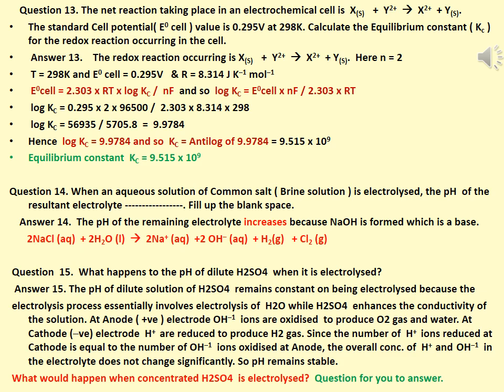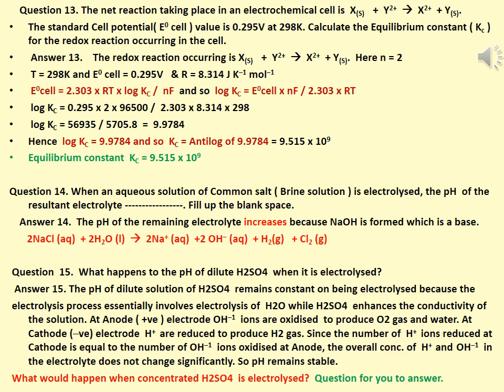Therefore, Kc is equal to the antilog of 9.9784. Take the antilog of 0.97 in the 8th column, add mean difference 4. We get it as 9515. Put the decimal after one digit, that is 9.515, into 10 power 9. So the antilog of that is 9.515 into 10 power 9.